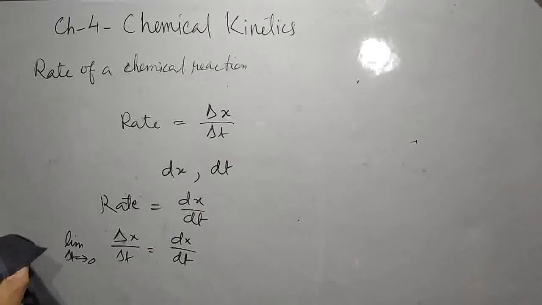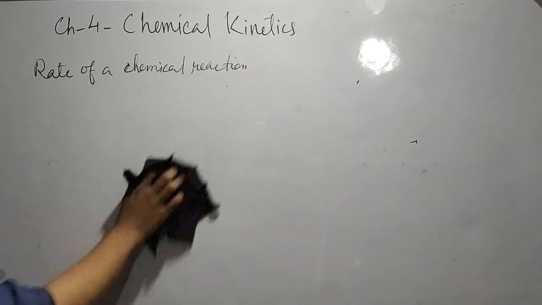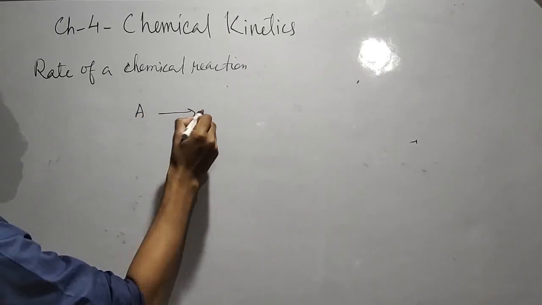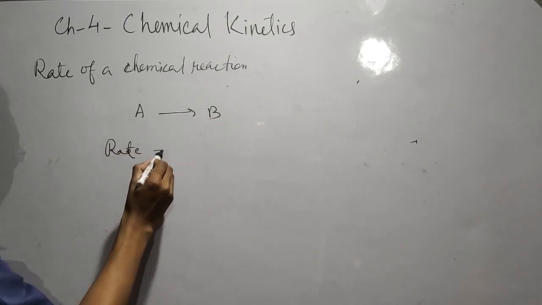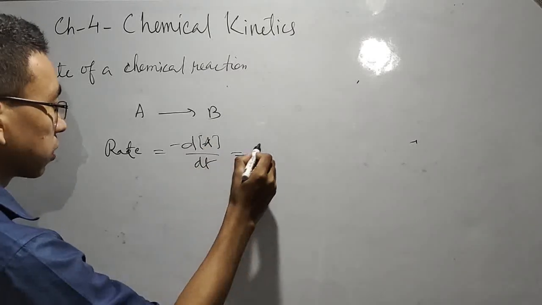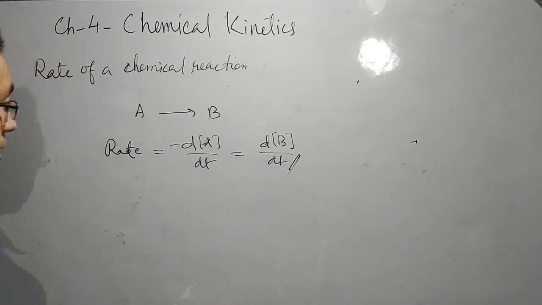Now suppose for a chemical reaction, in order to find the instantaneous rate, suppose a chemical reaction A gives B, then the rate will be equal to minus del A by del T is equal to del B by del T. This is how we write.